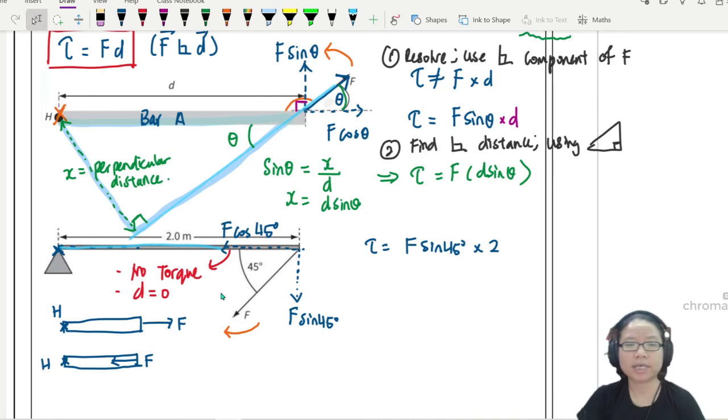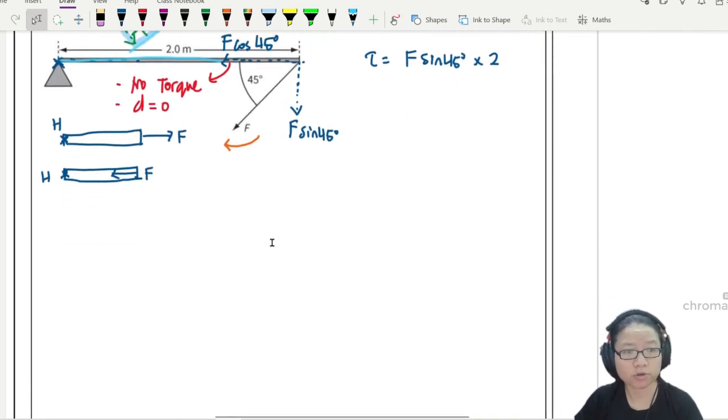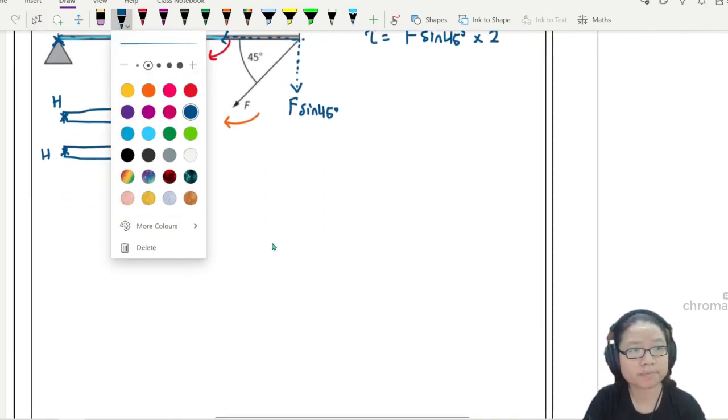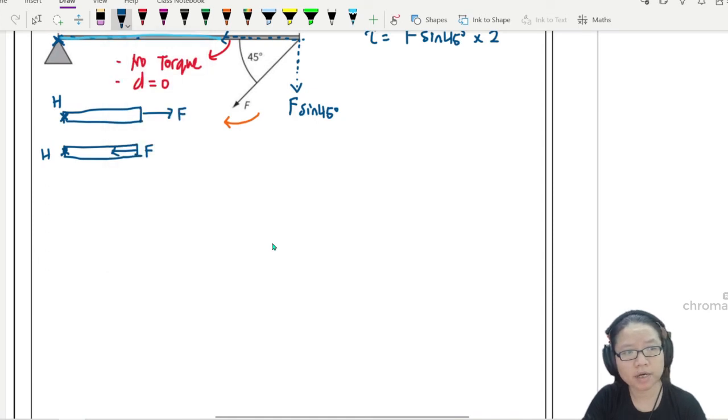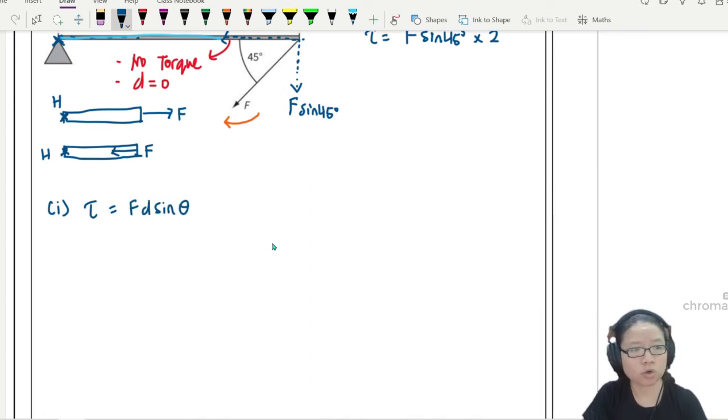A few other things regarding moment of forces. Number one, the general equation can be written as torque is equal to Fd sine theta. So your cases could be theta is equal to 0.